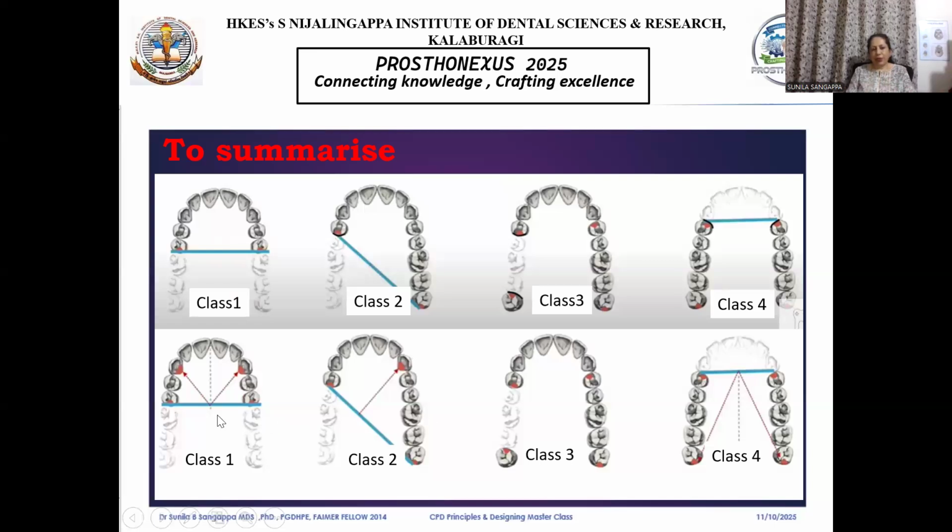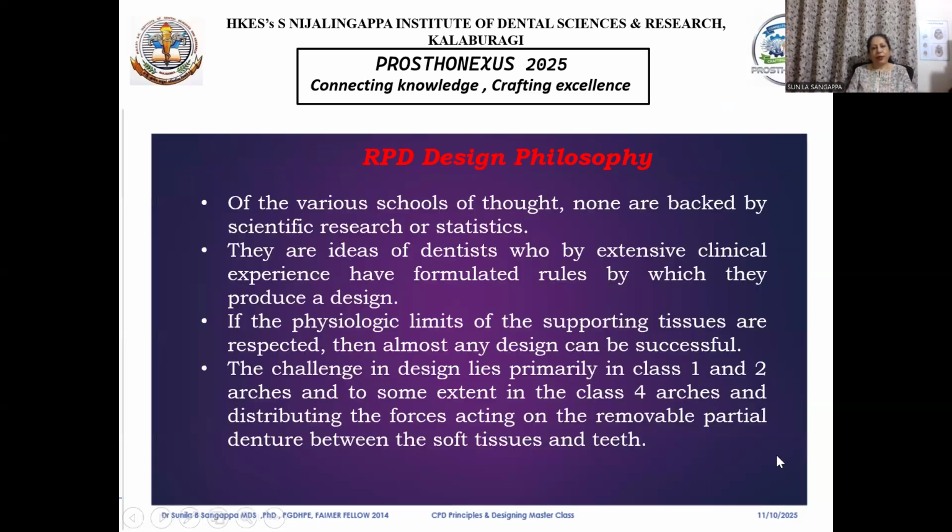As seen here in class 1, we cannot use the central incisors or the laterals. So what we do, we place the indirect retainers, that is the rests, on the canine or sometimes on the premolar as well. And in cases of class 4, we try to place these indirect retainers as far posteriorly on the posterior abutments.